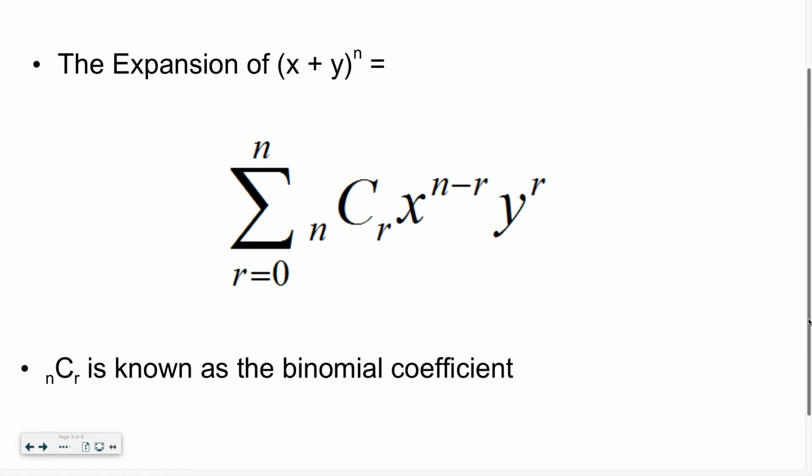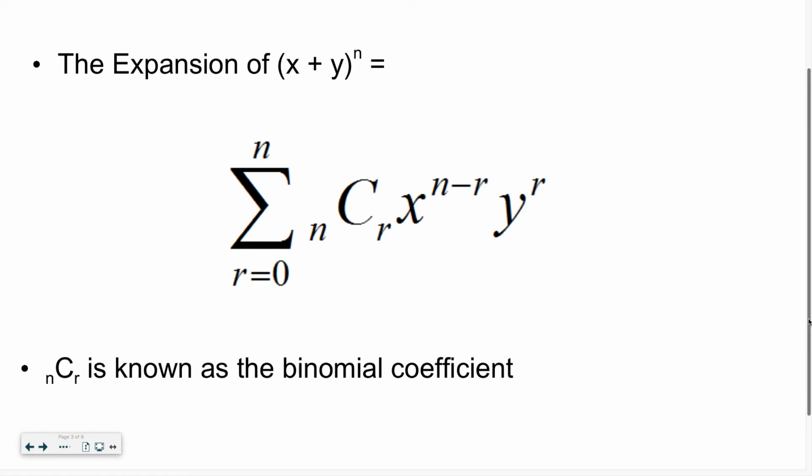And then your next term is going to be 4 combinations of 1. And then your next term is going to be 4 combinations of 2, etc. And as you go through each term, the powers of your first variable will start big and get small. And the powers of your second variable will start small and get big.